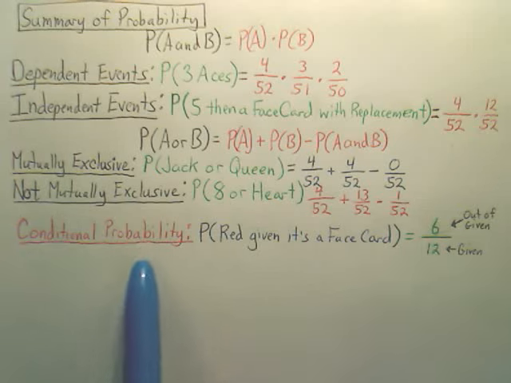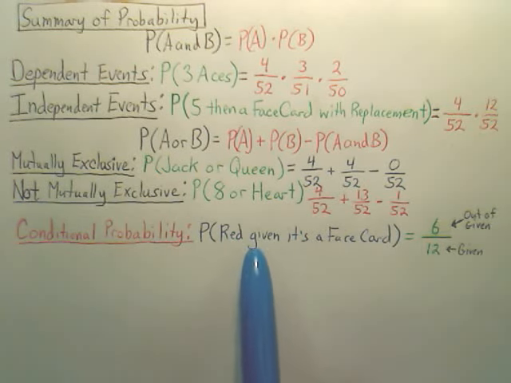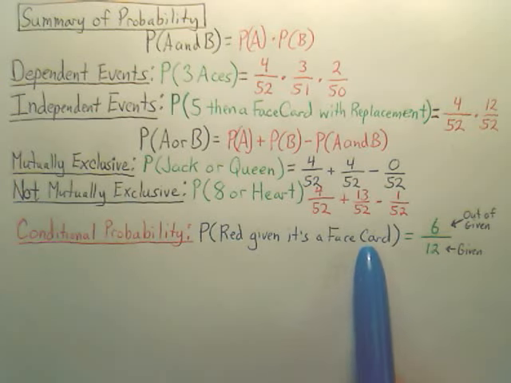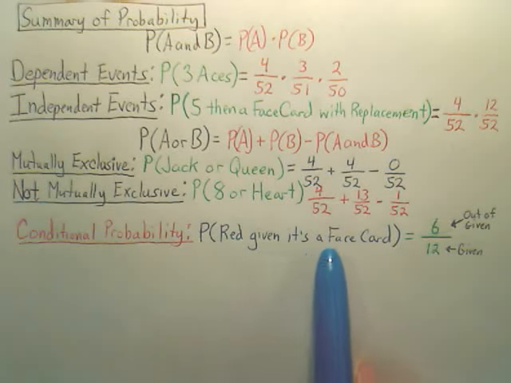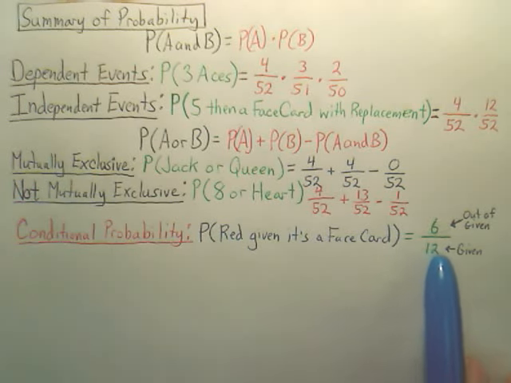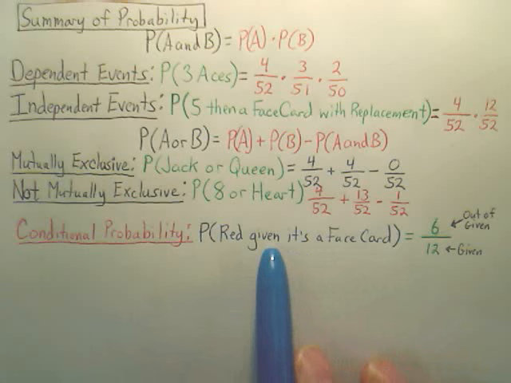Now we also have something called conditional probability, which deals with the word given. So if I have the probability of pulling a red, given it's a face card. Well, the moment I say given it's a face card, I basically told you the only possible cards left are face cards. So all of a sudden, because of the given, there are only 12 cards in my deck that are possible, the 12 face cards. So again, the word given actually makes things easier, but for a lot of people, it confuses them.